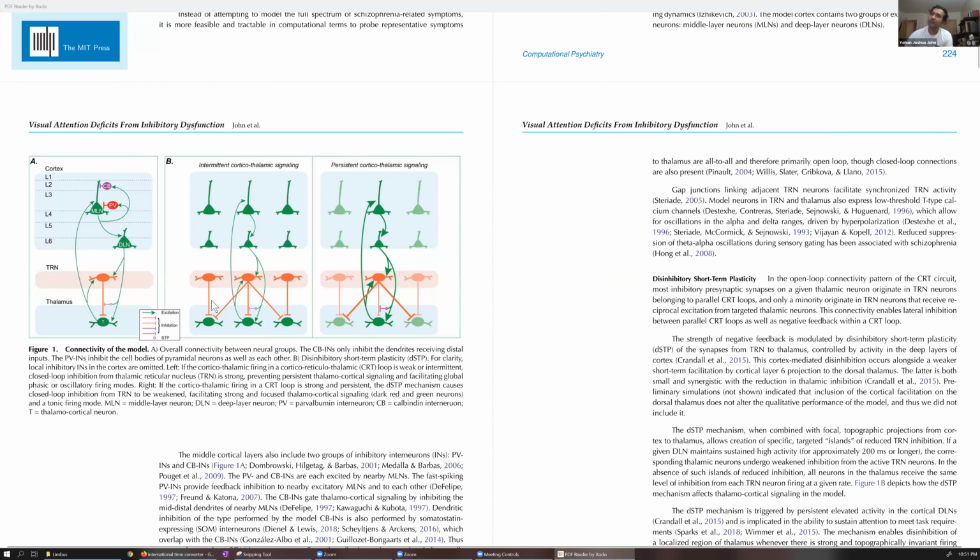When I connected up this circuit, one thing that bothered me, which was not actually related to the project, was how I could have parallel cortico-thalamic loops that don't inhibit each other. Because if you have a lateral inhibition system, you end up with mutual inhibition that weakens both of them.